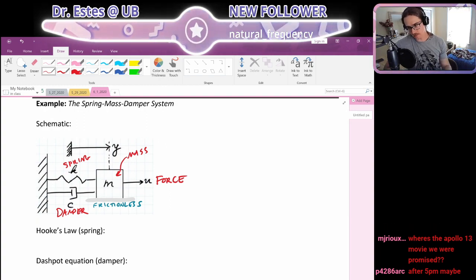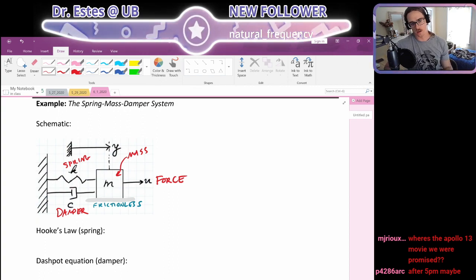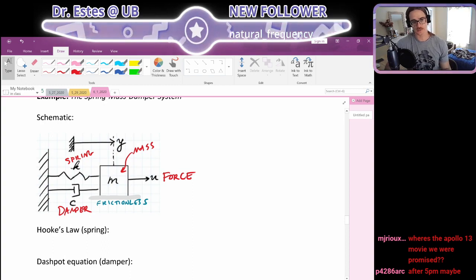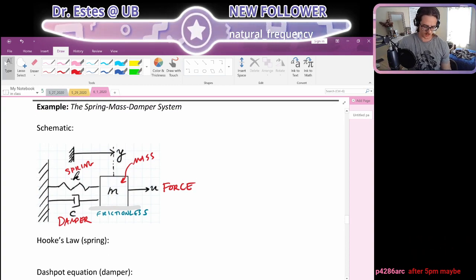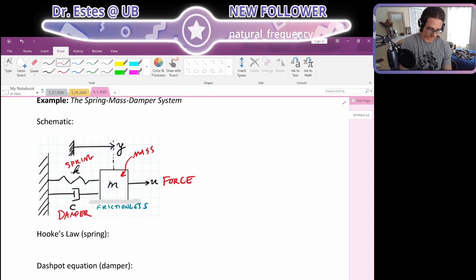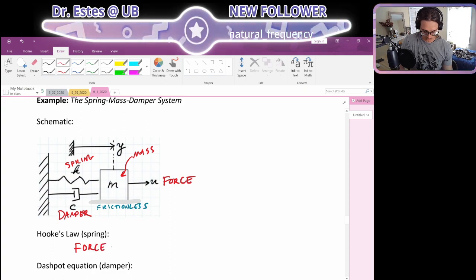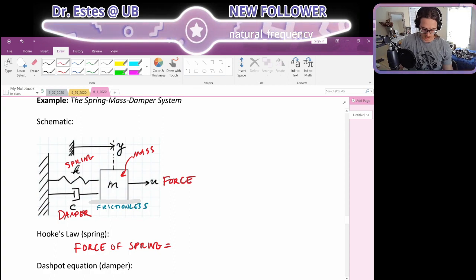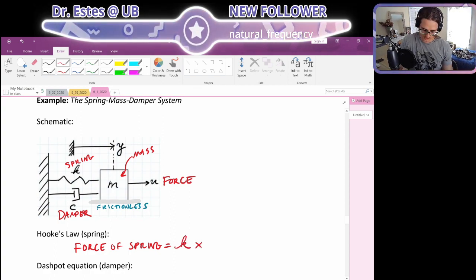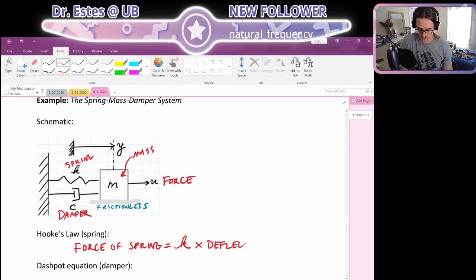So let's break this down piece by piece, and then we're gonna use Newton's second law to write a second order differential equation for this. So first, the spring. The force that a spring creates is equal to the spring constant times the deflection of the spring.